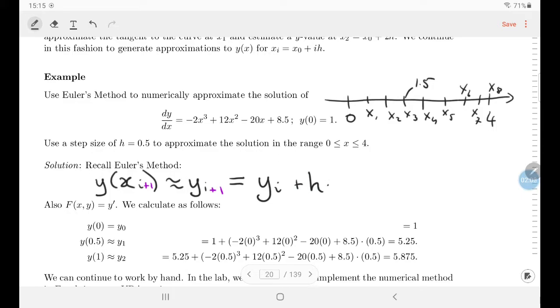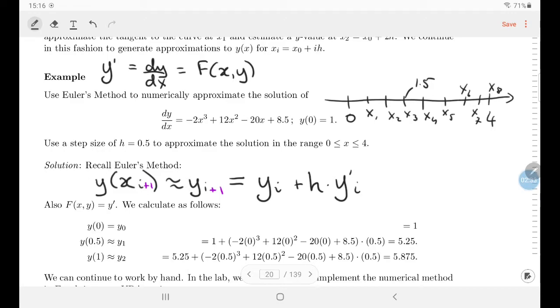What I'm going to use now, instead of the big F of x, y, is y dashed of i, because the way the formula is set up is dy dx is equal to f of x, y, and dy dx is nothing but y dashed. It's just a more compact thing.